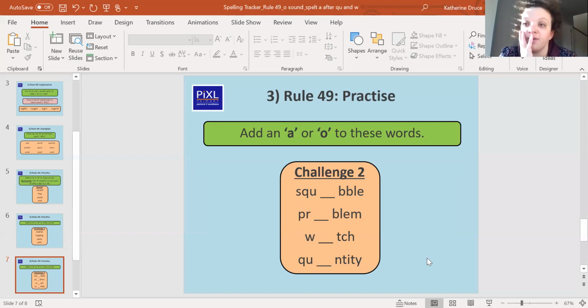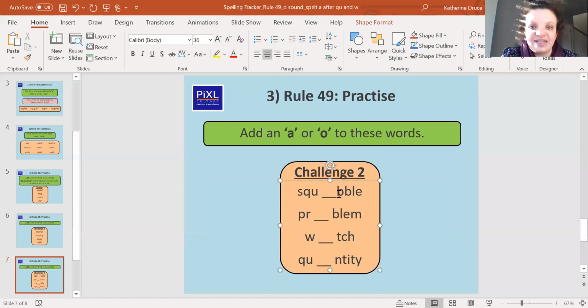So on your whiteboards or on your papers or whatever you're using now, decide if it's going to be an A or an O in these words. Pause the screen and have a go. Okay, well done. If you finished that, fantastic. So we've got squabble. It follows my QU, so it's going to be an A. We've got problem. It follows an R, so that's not one of our special sounds.